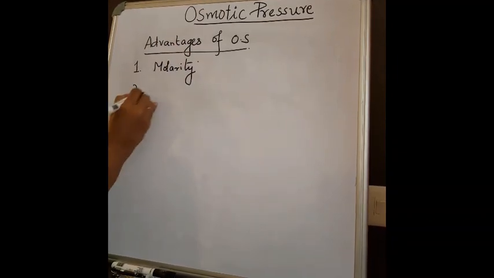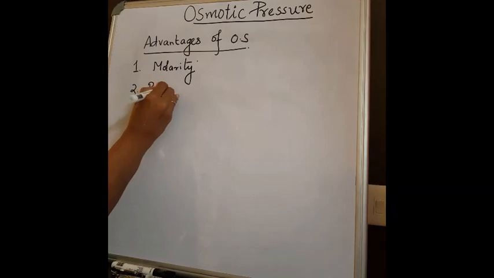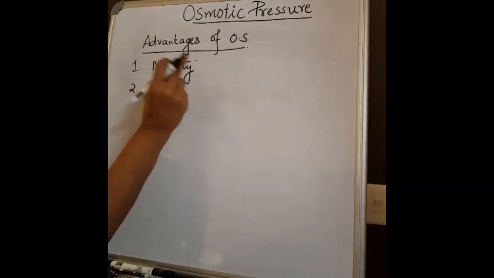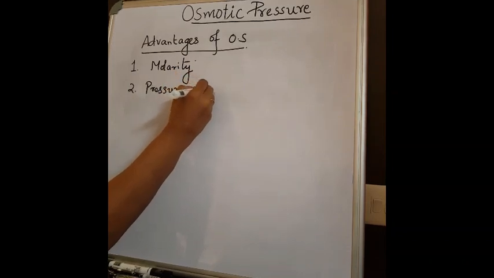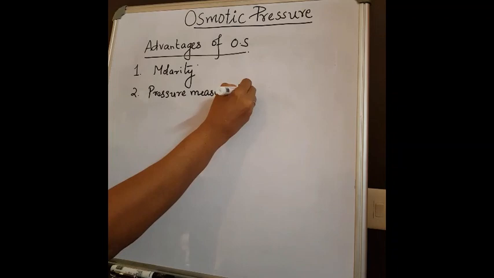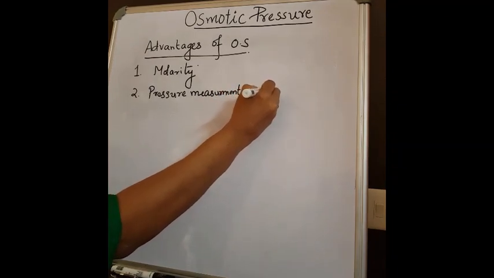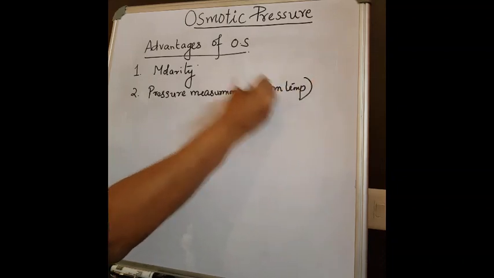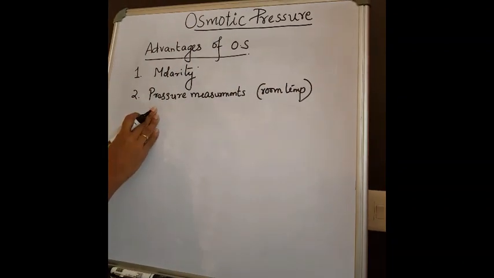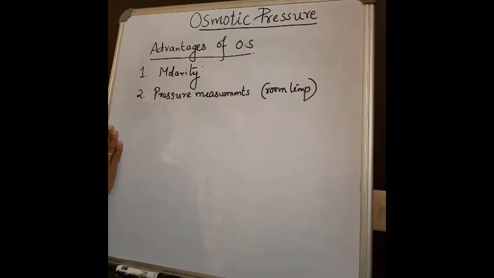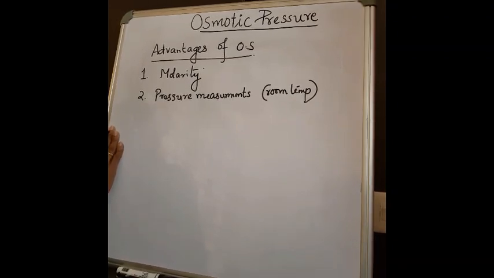Second is the pressure measurements. You measure the pressure, that is the osmotic pressure, meaning the excess pressure. The pressure measurements are done at room temperature, isn't it? Standard temperature. The pressure measurements are done at room temperature. That is the second advantage of using this osmotic pressure method.